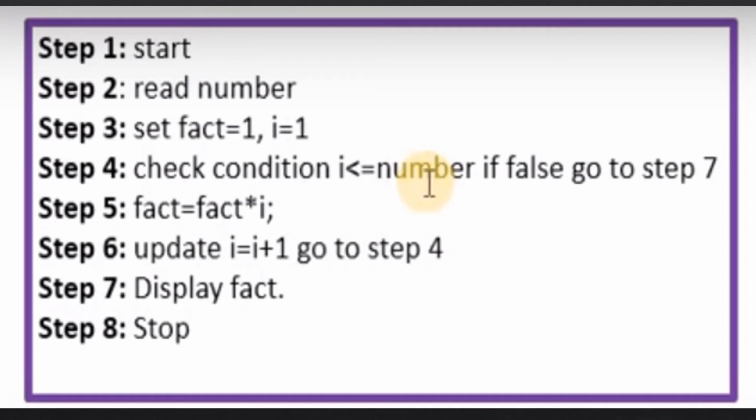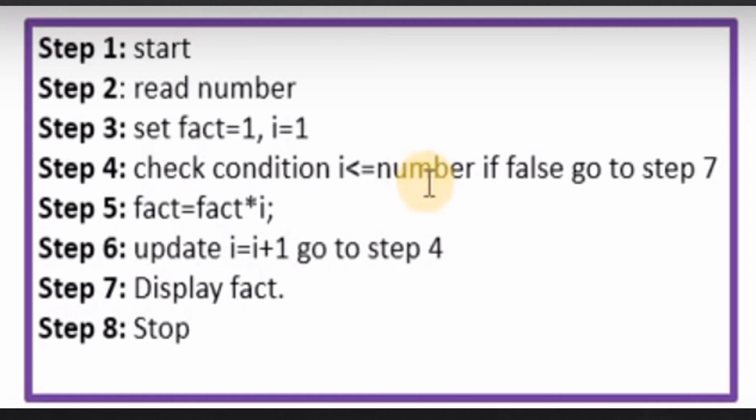It will go to step 5, and now factorial equals factorial, having the value 1 now, multiplied by 2. Update i: now i becomes 2 plus 1 equals 3. It will go back to step 4 and check the condition.